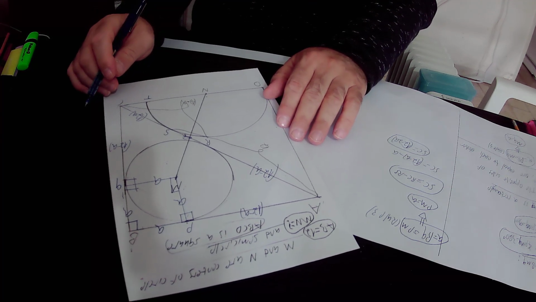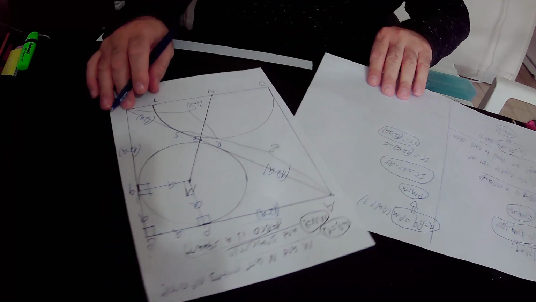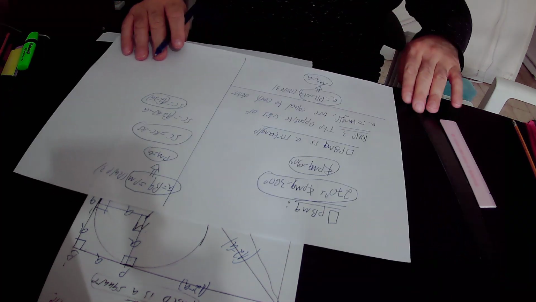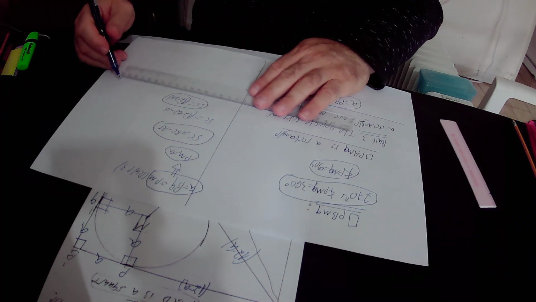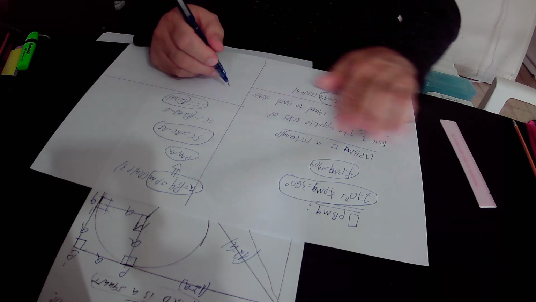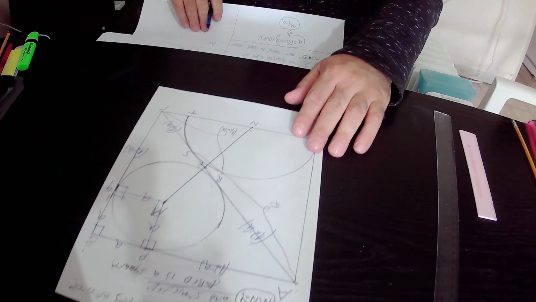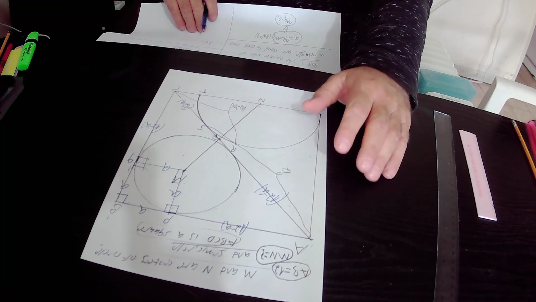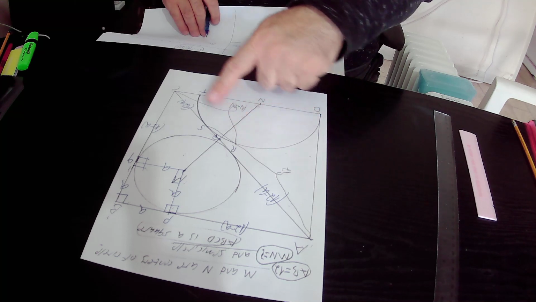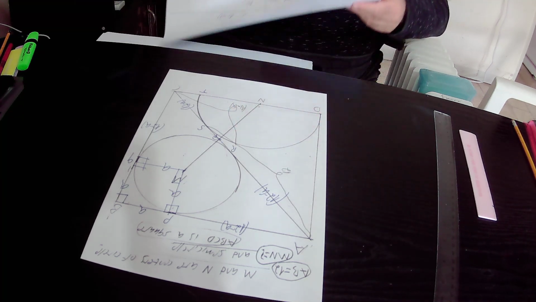What is the value of AC? The value of diagonal AC. It is very easy to see from the drawing that AC equals AR plus RC. AR plus RC equals AC.